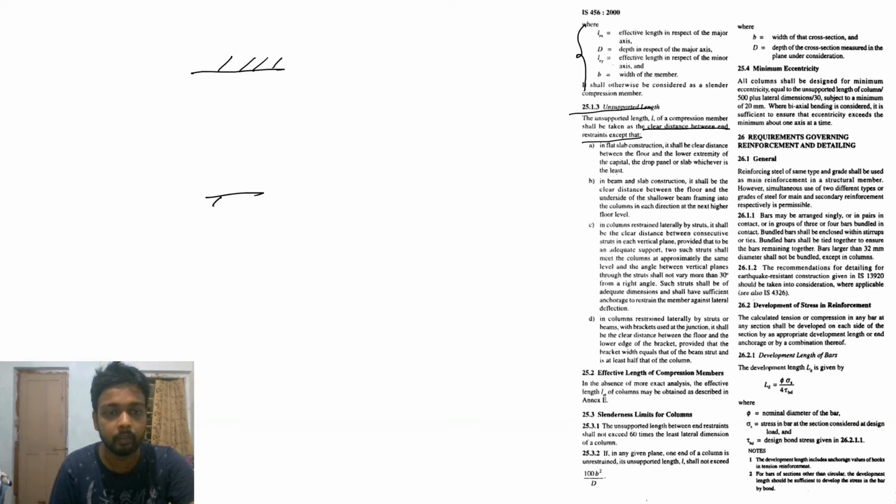They have just written what L effective, D and B are. Unsupported length: the unsupported length L of a compression member shall be taken as the clear distance between end restraints. End restraint means end condition, as simple as that. Suppose here is one support and here is another support; that is L, so this is your unsupported length.